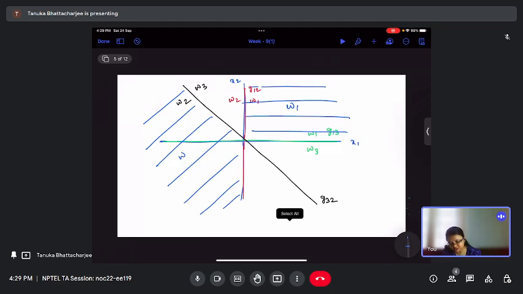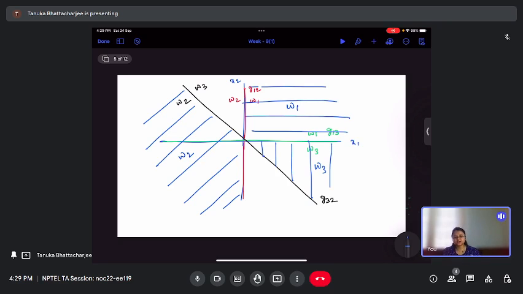So, this is omega 2. For the omega 3 class, it is the downside of G13 and the right side of G32. So, the final region will be this one. This region belongs to class omega 3.